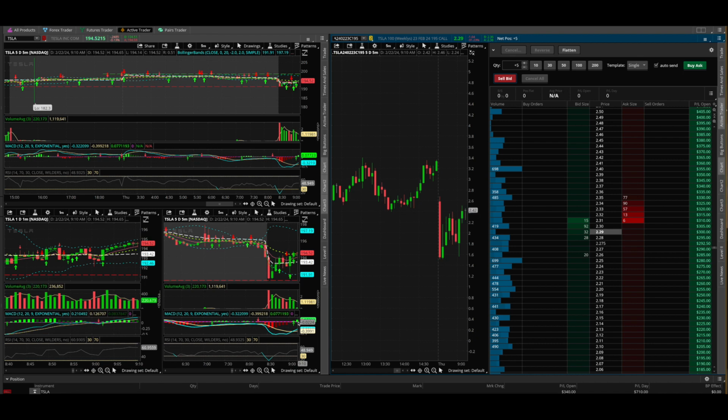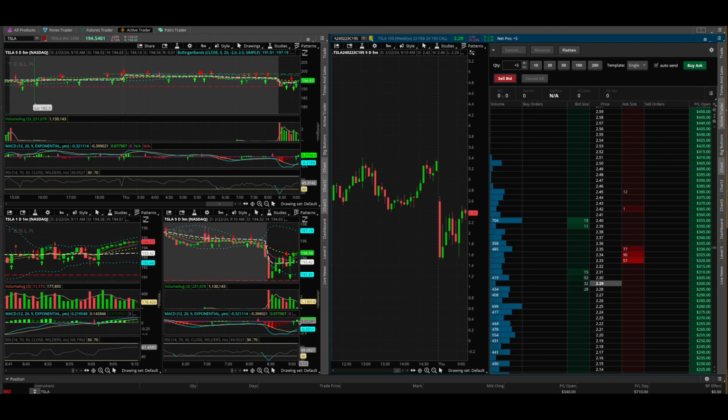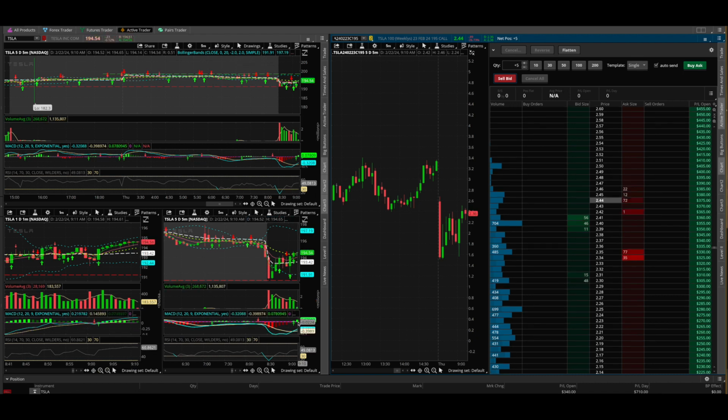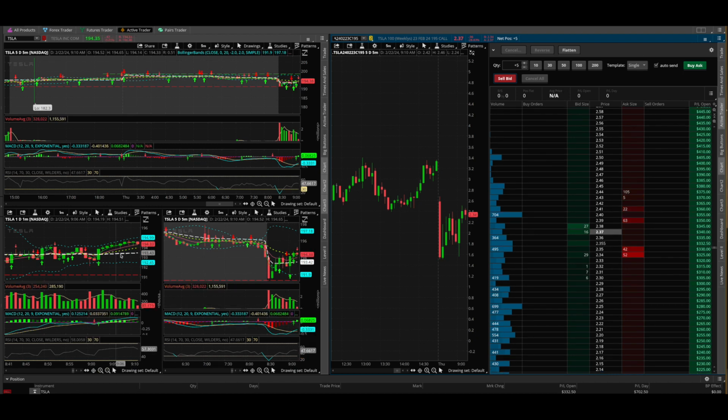If this thing were to turn a different shade of green, then I would definitely be more concerned about the stock turning around to the downside. If it was showing this type of green right here on the 5 minute, then I would be really concerned. But still taking a surgical look at it on the 1 minute.